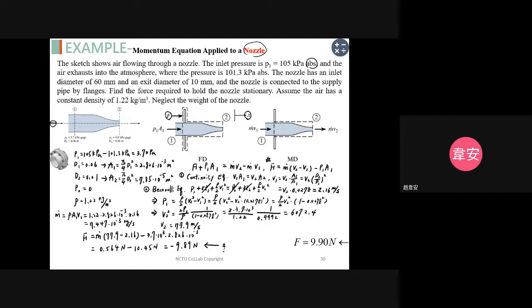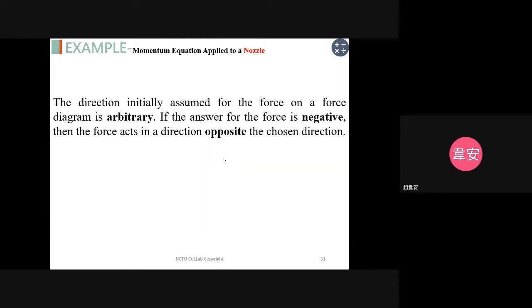Okay, so the next slide just summarizes. If the answer for the force is negative, then the force acts in the direction opposite the chosen direction. The chosen direction is initially we assume the direction is on the right, but finally because the answer is negative, the force is opposite.